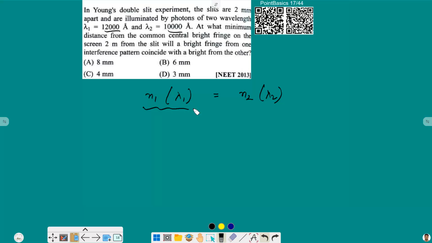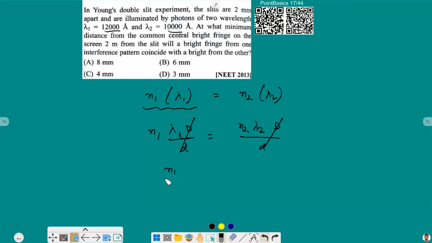Now this distance of n1 fringes when wavelength is lambda 1 is equal to n1 times the fringe width, so it will be n1 into lambda 1 D by small d, because capital D and small d are same, equal to n2 lambda 2 capital D by small d. These both get cancelled.